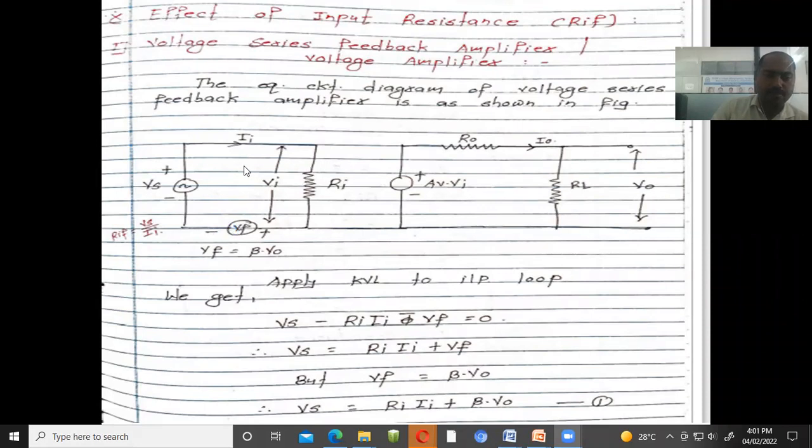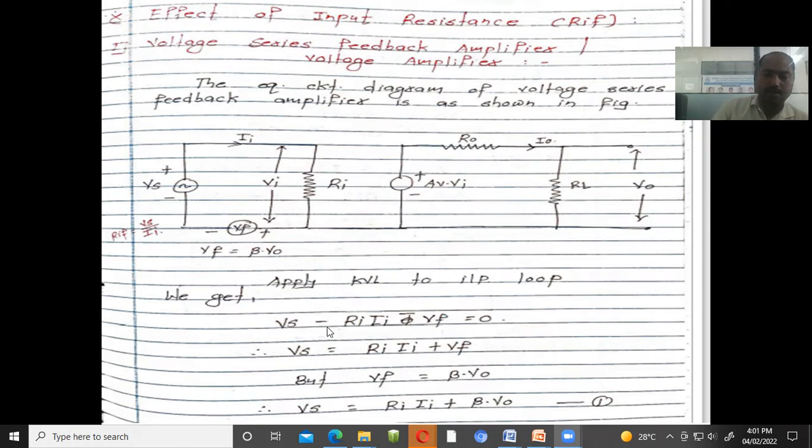So your equation is Vs minus Ri into Ii minus Vf. This is the equation with respect to your input: Vs minus Ri Ii minus Vf equals 0.